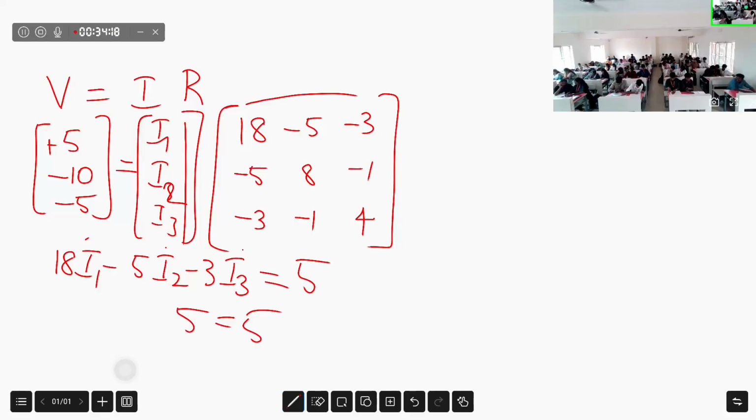So solve on your own. Then draw the circuit and find out the values of I1, I2, I3. Find I1, I2, I3 using this analysis. Next, solve. So draw the circuit first. Find out the values of the individual currents I1, I2, I3 using this analysis.